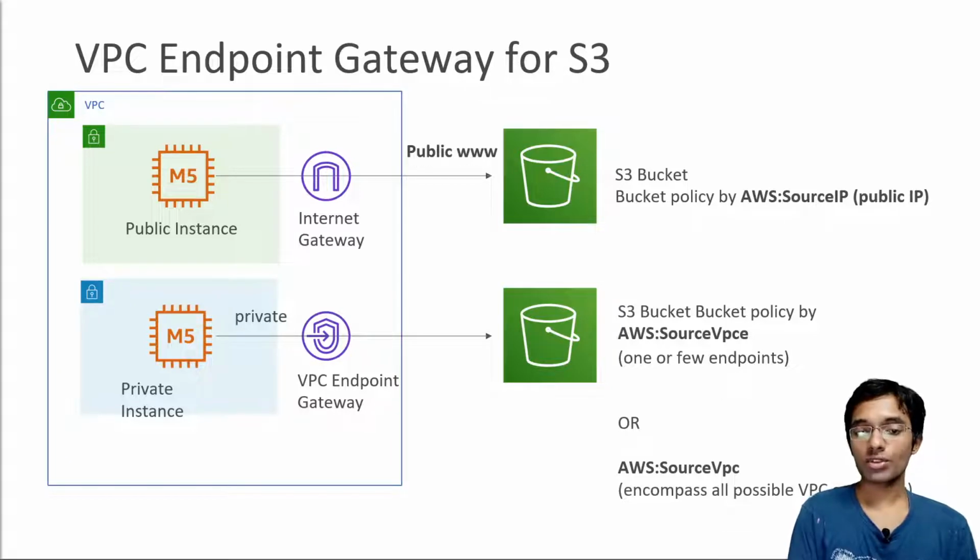Number one is source IP, which is the public IP, and the second is the source VPC or the source VPC endpoint, when you have a VPC endpoint to access your S3 bucket. That's the bucket policy we are talking about.